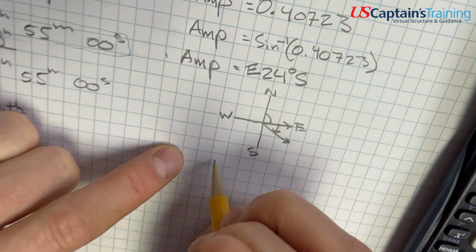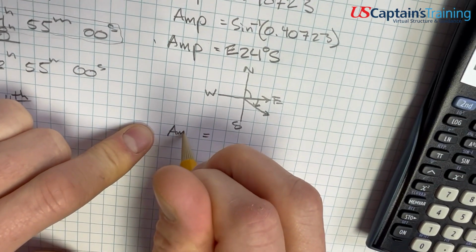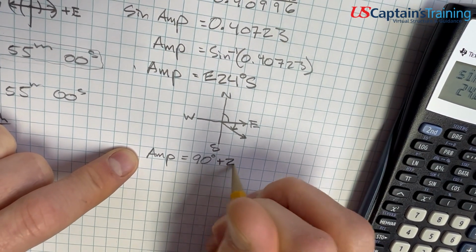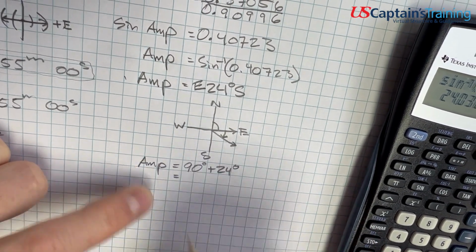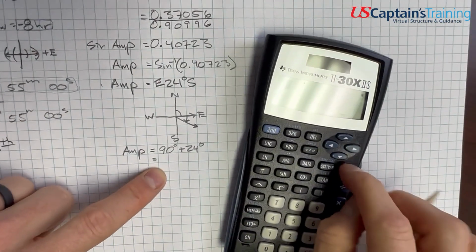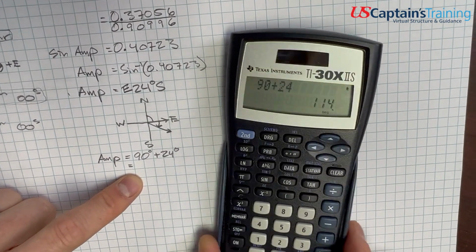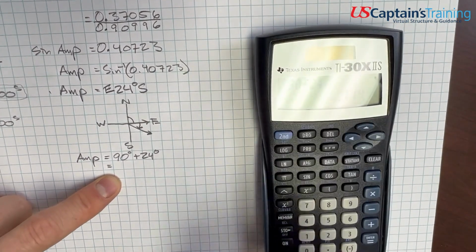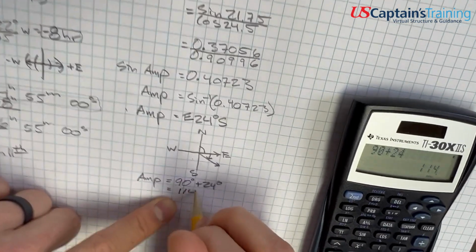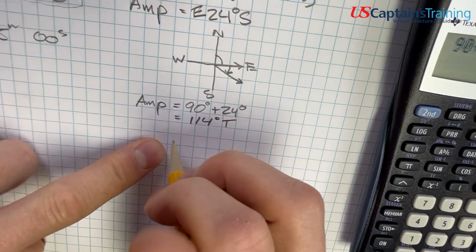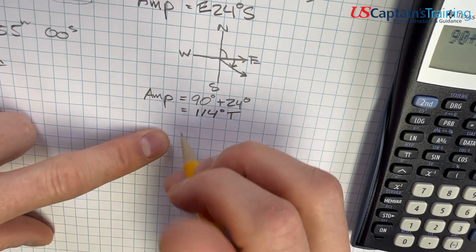Our amplitude from north is equal to 90 plus 24 equals 114 degrees true.